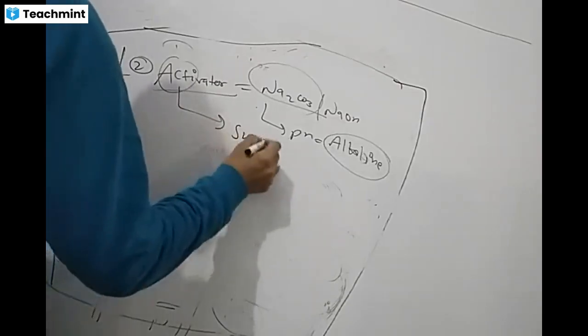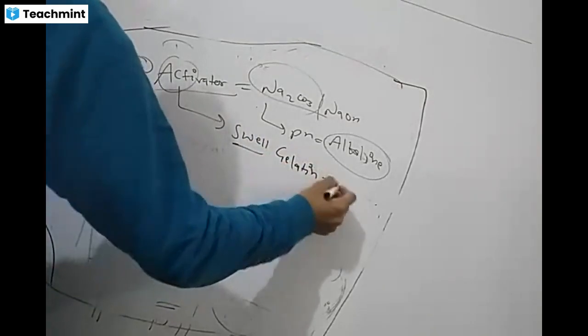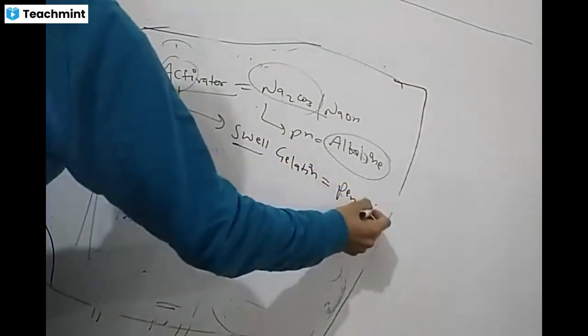It means the developer is alkaline in pH because of sodium carbonate. So it stabilizes the pH and makes it alkaline. Second, the activator also helps in swelling of the gelatin, that is the emulsion, which helps in better penetration of chemicals into this emulsion.